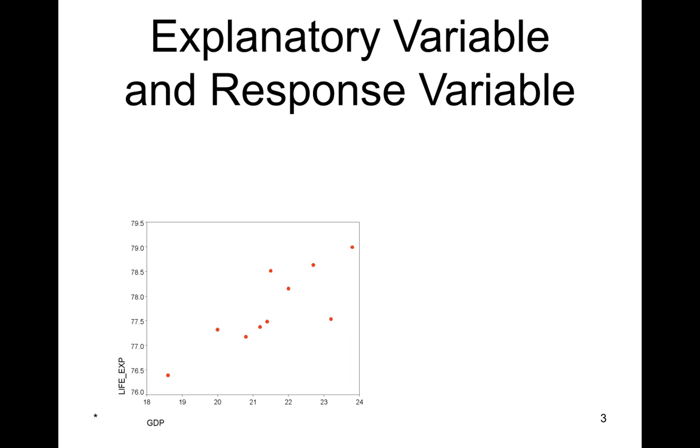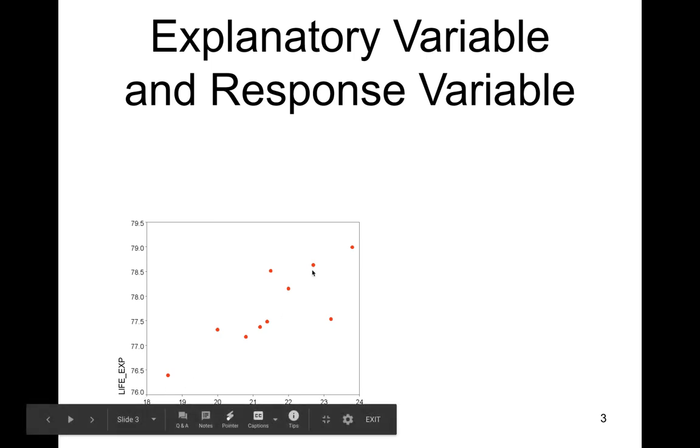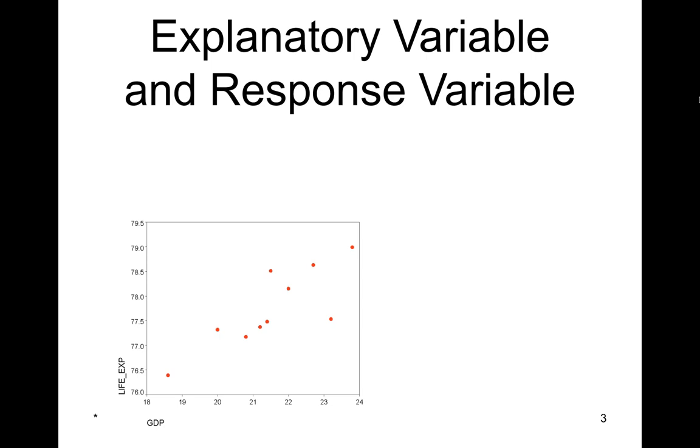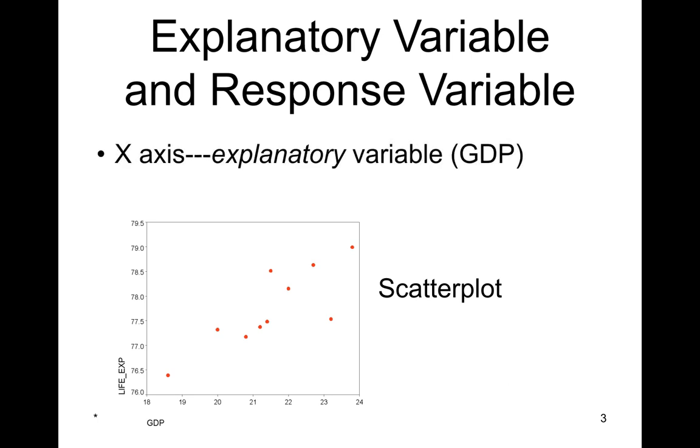Essentially, you're comparing two different sets of data. In this particular case, it looks like we're comparing the GDP with life expectancy. And then you plot your points on a graph, an XY axis. So this is a scatter plot. Your X variable, in this case, the GDP, is known as an explanatory variable. Explanatory sounds like explain.